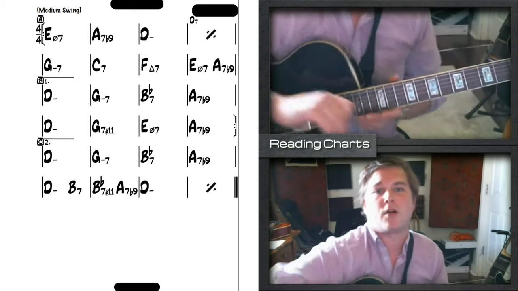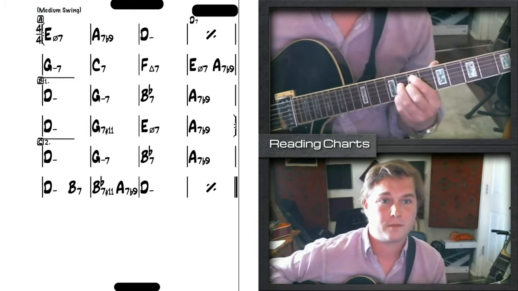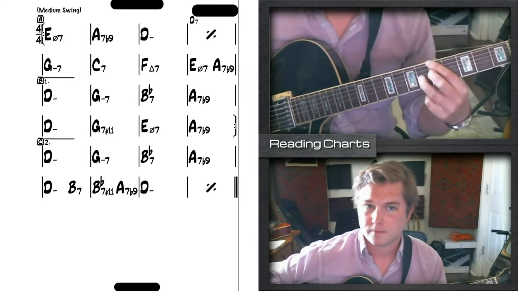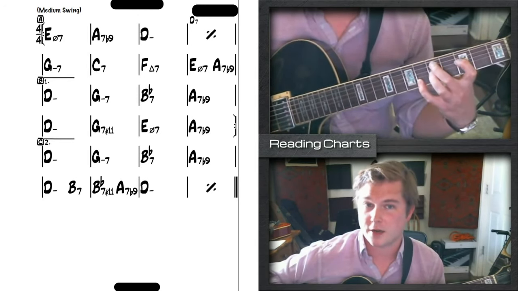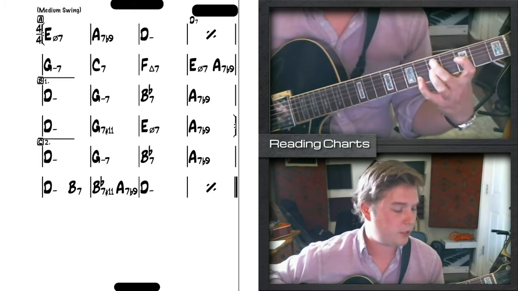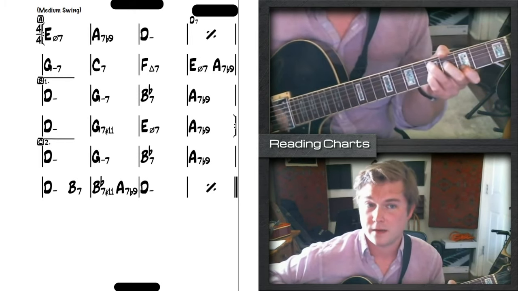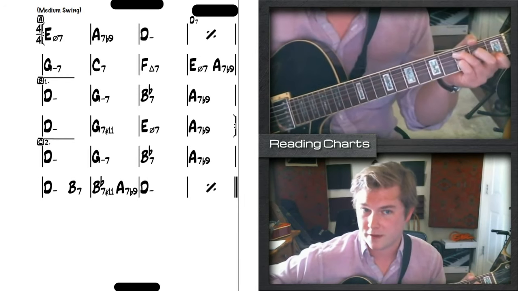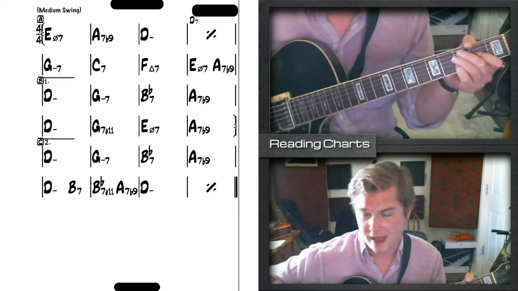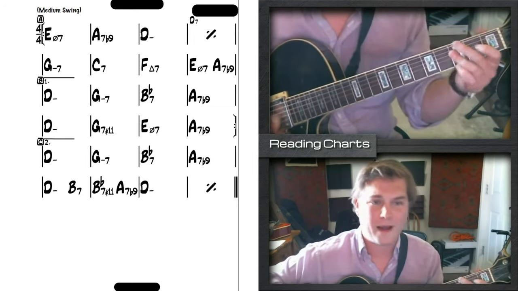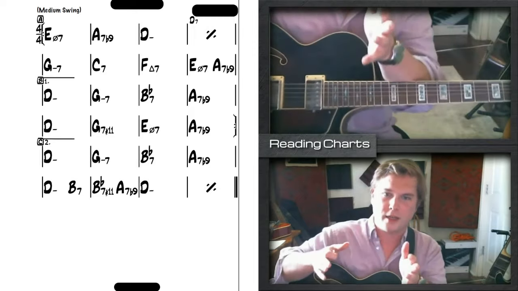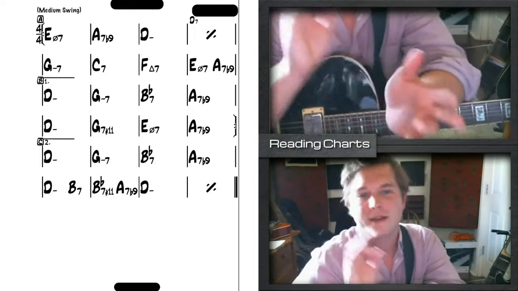But to put all this together, you'd have E half diminished, A7th, D minor, right? Back to our other chord choice, you go to D7, G minor 7th, C 7th, F. Like I said, I just love how easy that is. When you're already having to think and read or whatever, I'm all about the easy.